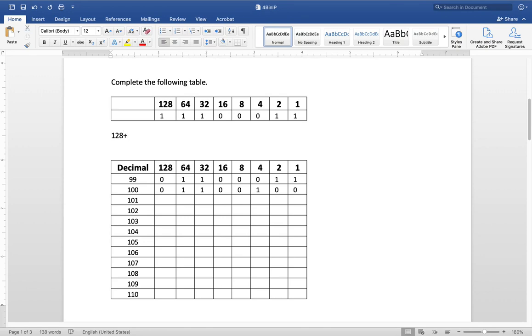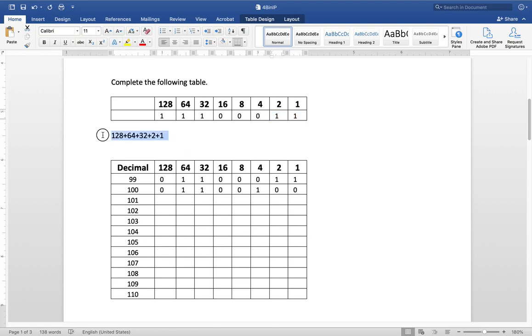So I'll add 128, 64, 32. Then I will add 2 and 1. If you see 1 below the number, then you add the number above it. I see 1 below 128, 64, and 32, and I see 1 below 2 and 1.